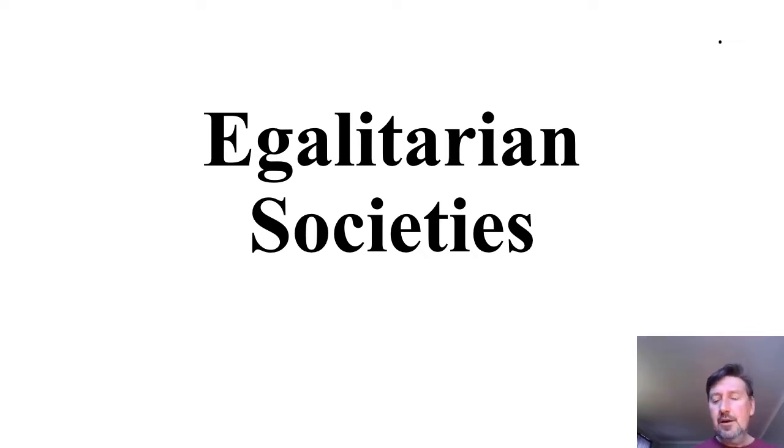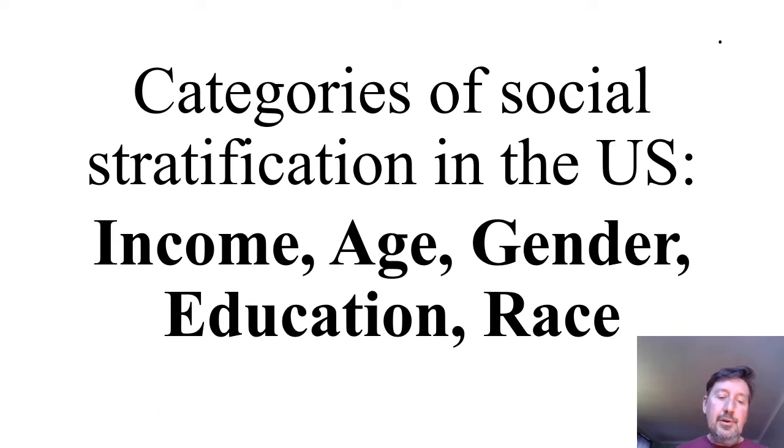They're usually hunter-gatherer societies like the Kung of Southern Africa, and there are not many examples of them left in the world today. Potential categories of social stratification in our own society also include income, age, gender, education, and race. And stratification is often based on many of these things at the same time.